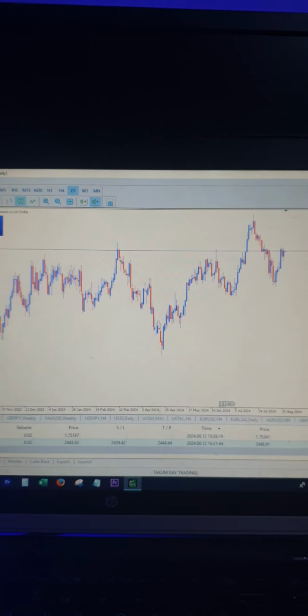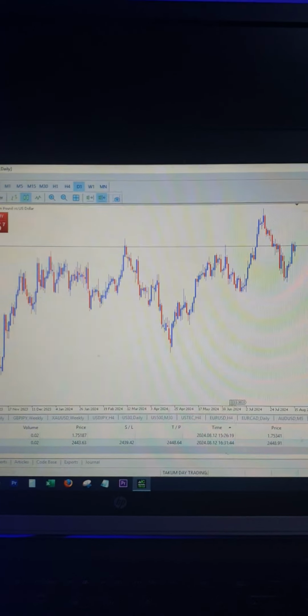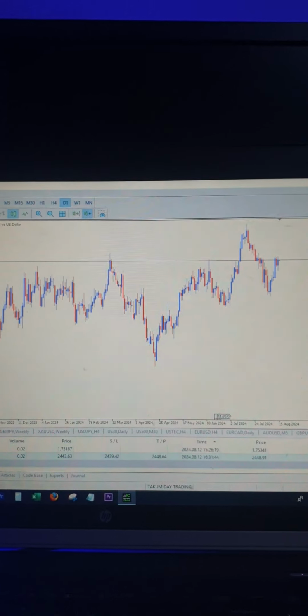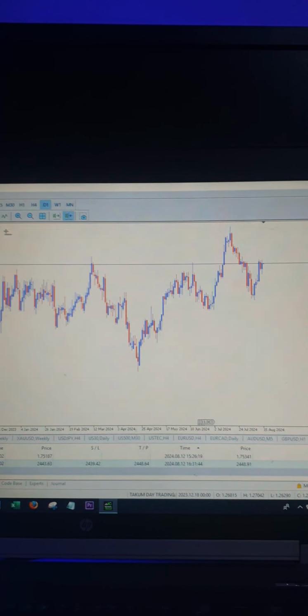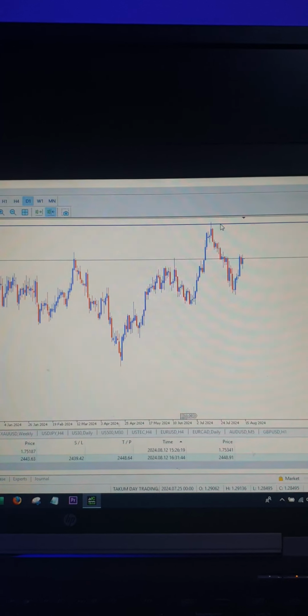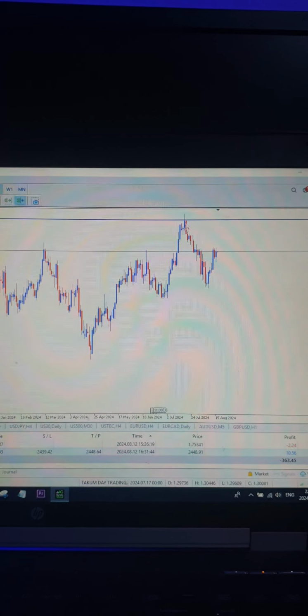When the zone or the line is being tested many times, that can be a potential support or resistance level. Normally looking at this chart, this is the last support, the last resistance level.